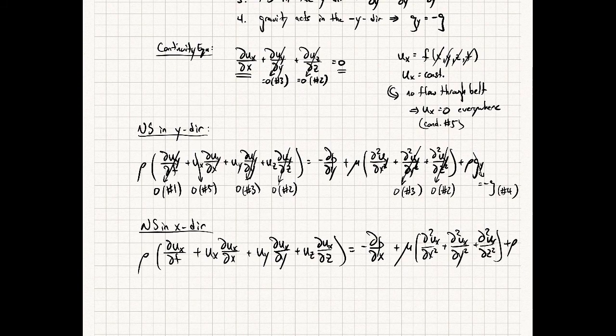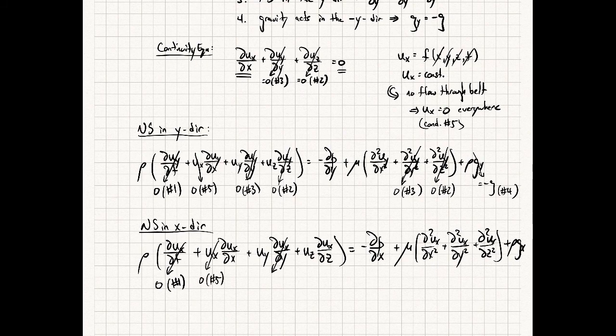Okay, so here's the Navier-Stokes equation in the x direction. First term is going to be 0 because it's steady. That's number 1. Actually, all of these, well, there are different reasons why they're 0. So it could be 0 because it's steady, but it could also be 0 because ux is 0 everywhere. So this next one is 0, number 5.